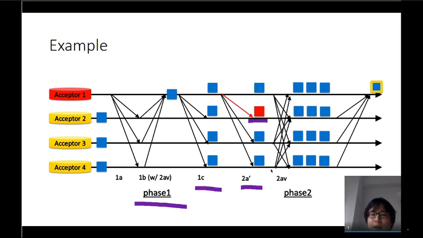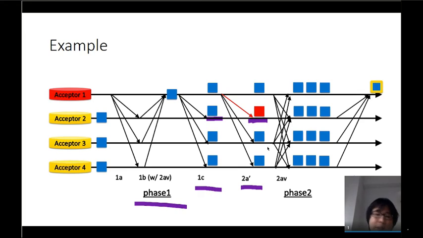On receiving that phase 2A prime, acceptor 2 will check with its previous phase 1C message. It finds that the two values don't match, so it will not continue. It will stop there.